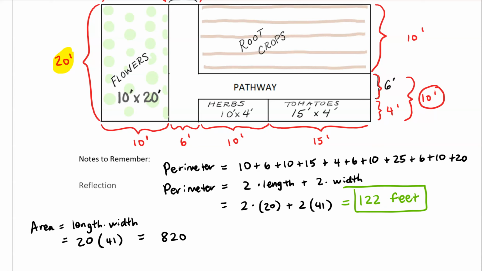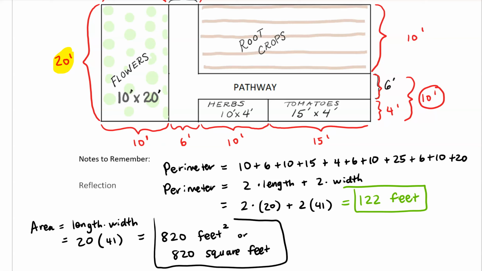Since we're multiplying feet times feet, you could either write feet squared or 820 square feet. So either of those are fine. Those are what we are looking for as far as the area of our garden.